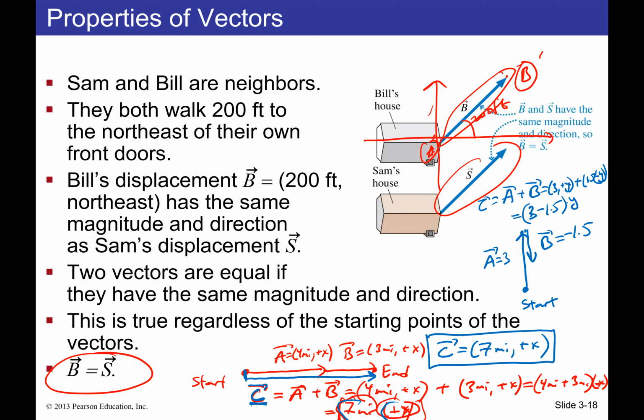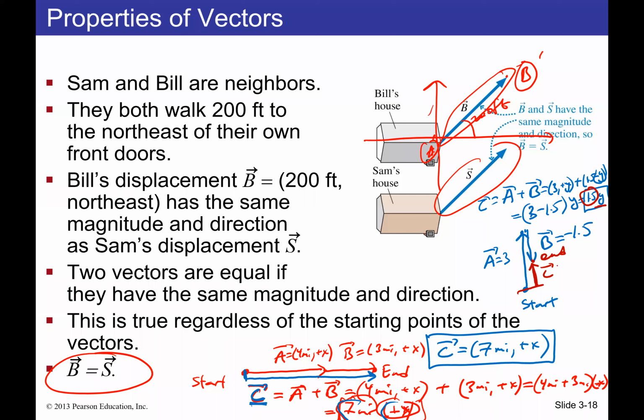This is positive 1.5 in the y direction. If I connect my starting point with my end point, this is the resultant vector C, with 1.5 as the magnitude, which is consistent, since 1.5 is about half of vector A, and it's in the positive y direction, also consistent.